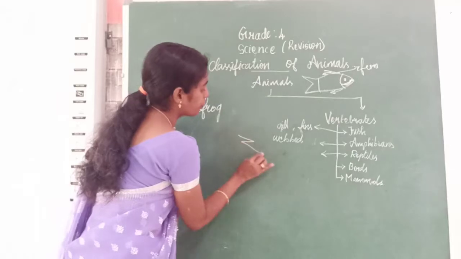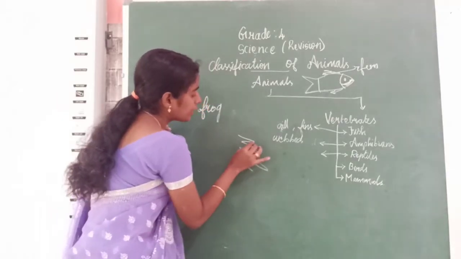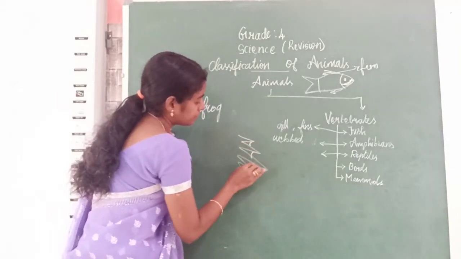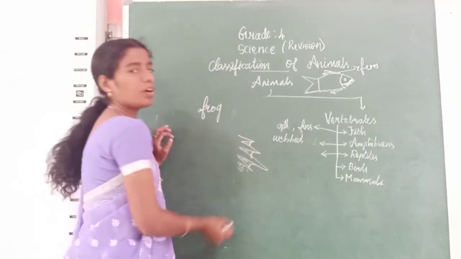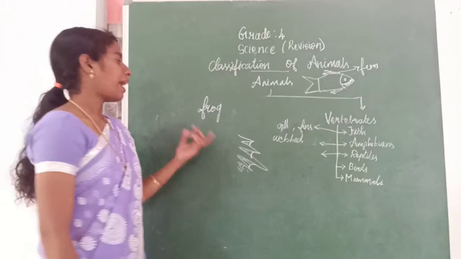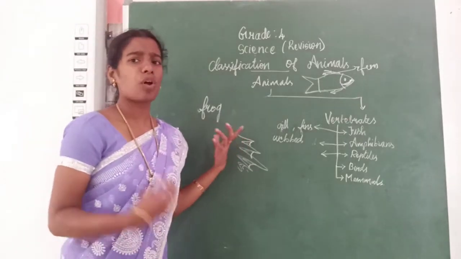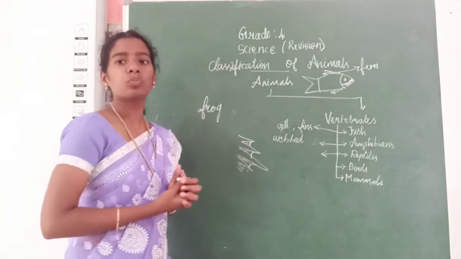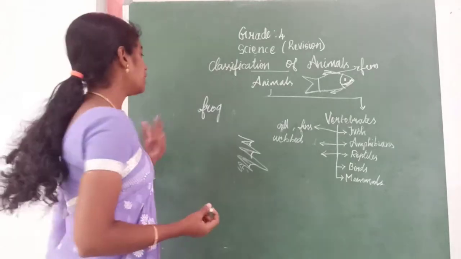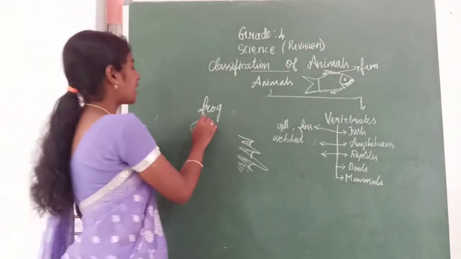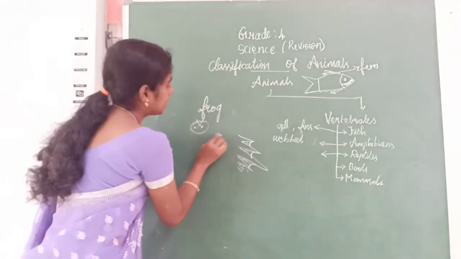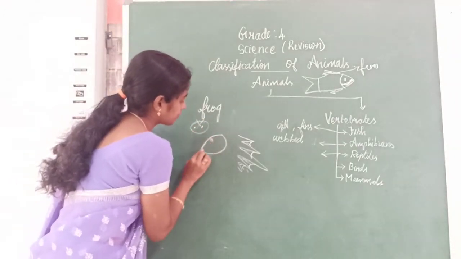When you consider the foot of this frog, a web is there. For giving birth, it will lay eggs in the water and this egg will hatch into a tadpole.